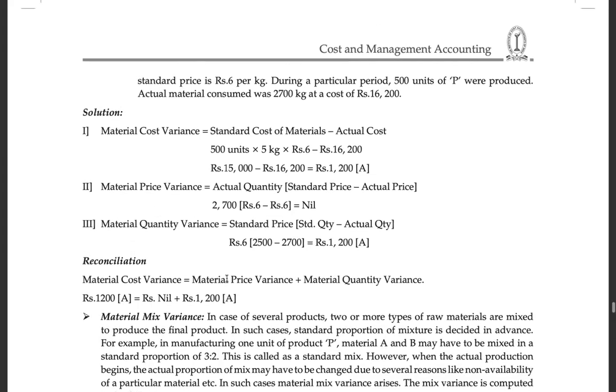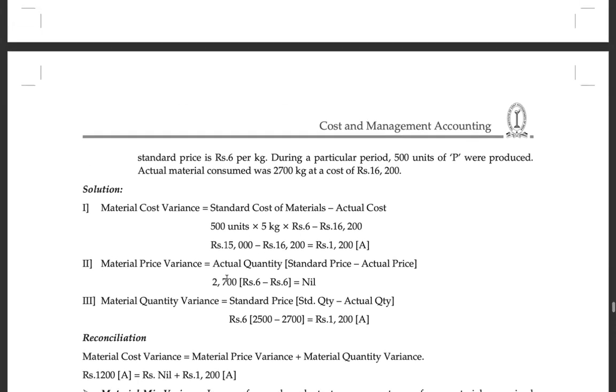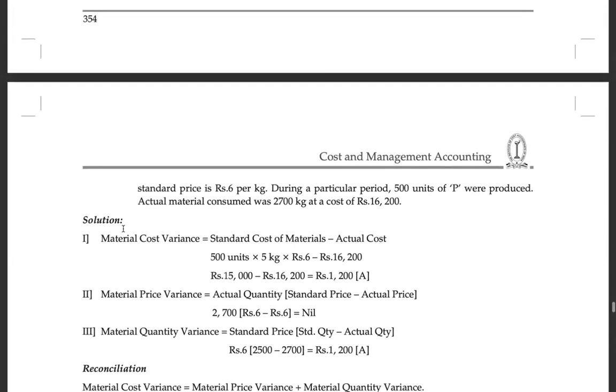Now let us cross check whether what we have done is correct. Material cost variance, the other equation, is standard cost of materials minus actual cost.